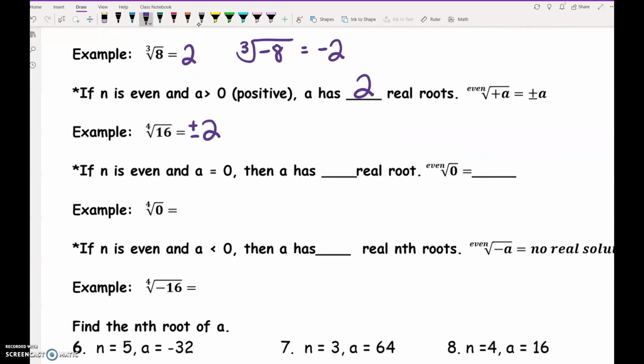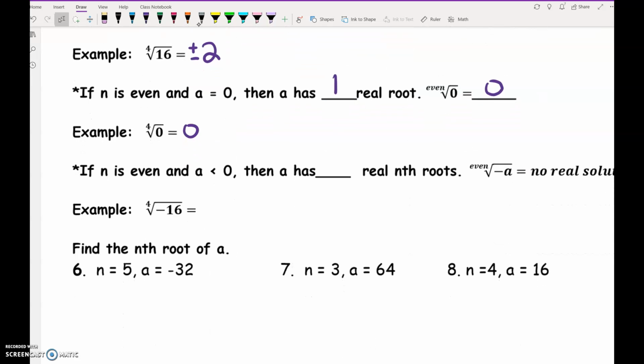If you have an even index, the fourth root of 0, what's the fourth root of 0? 0. There's one real root, and it is 0. If it's an even index, and there's a negative under the radical, this is the same as square roots.